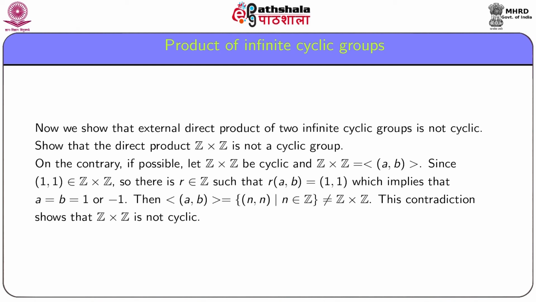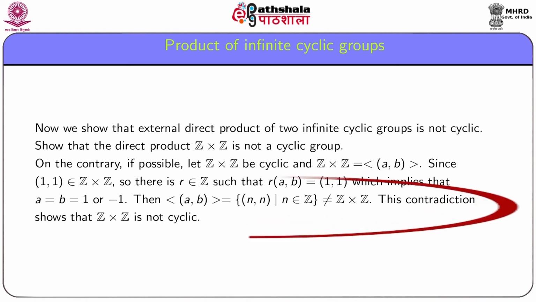is r times (a,b) for some integer r, which implies that ra is equal to 1 and rb is equal to 1, and this implies that either a equals b equals 1 or a equals b equals minus 1.